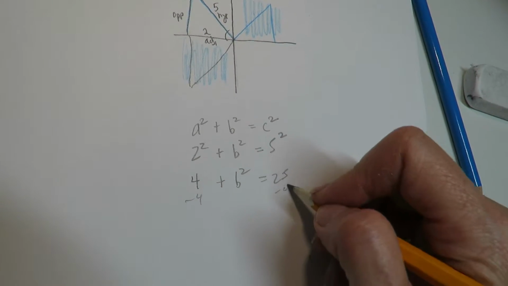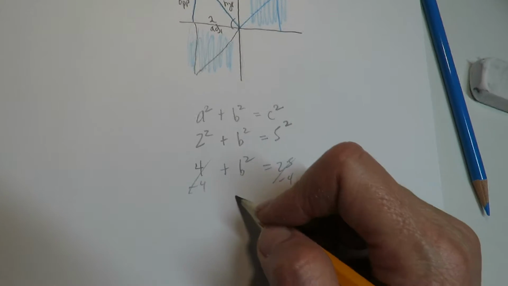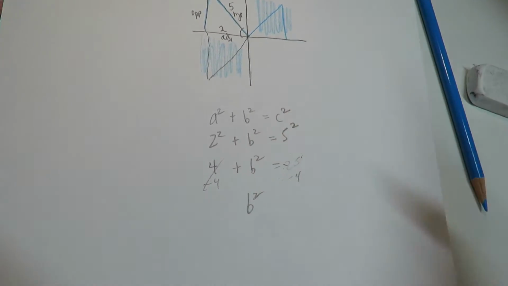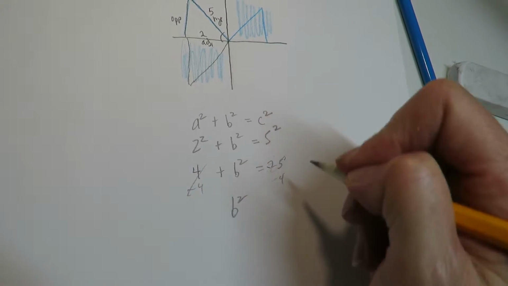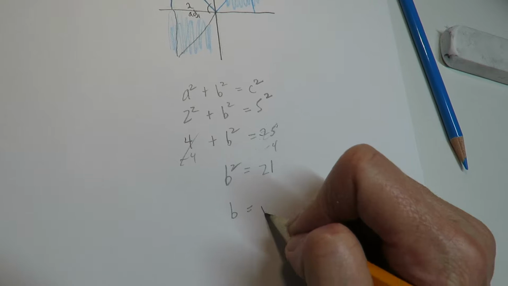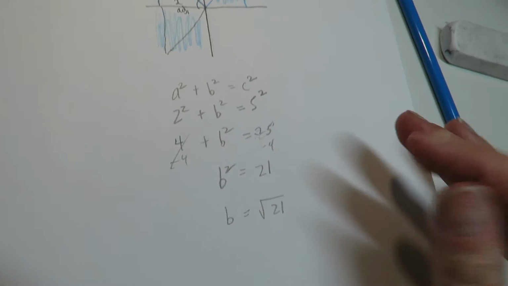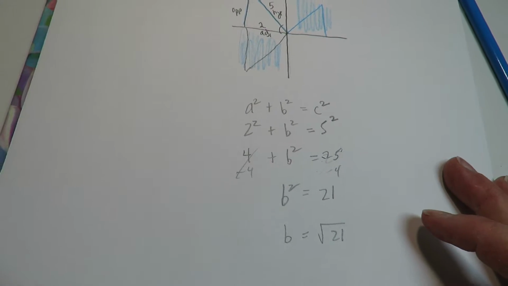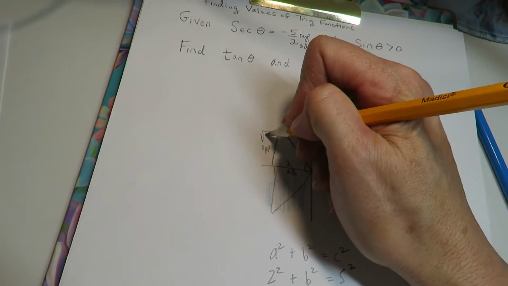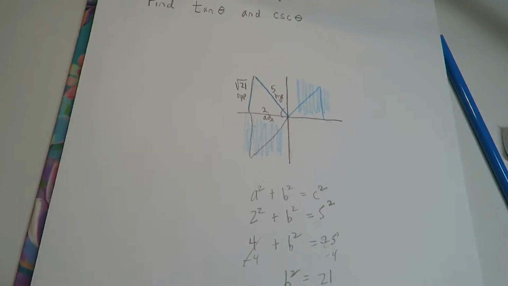Move the 4 to the other side. Take the square root. Again, we're representing magnitude, so we don't want the negative. We only want the positive version. The opposite is the square root of 21.